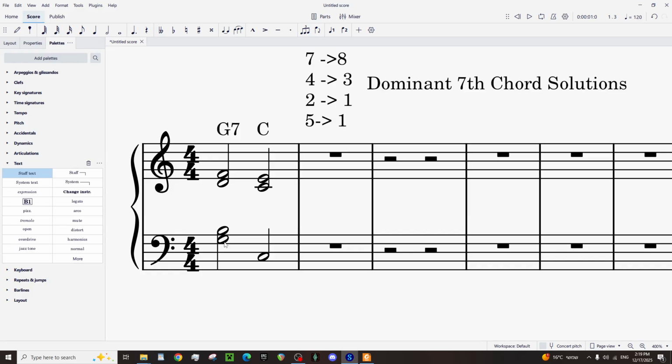As you know, G goes down to C, the B goes up to C, the D goes down to C, and the F goes down to E. So don't be confused. Basically this is exactly above the C and exactly under the D. So that's the other solution.